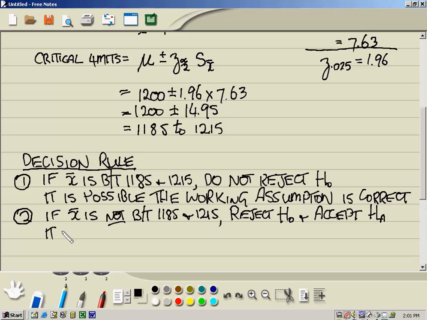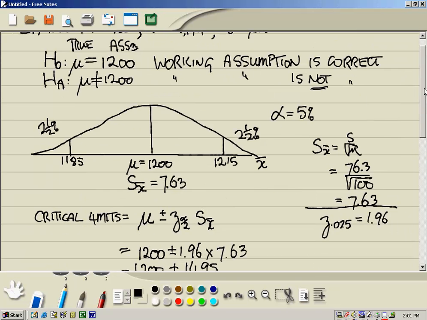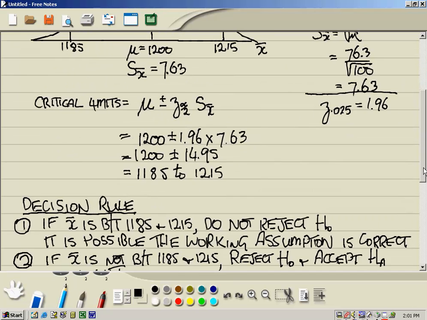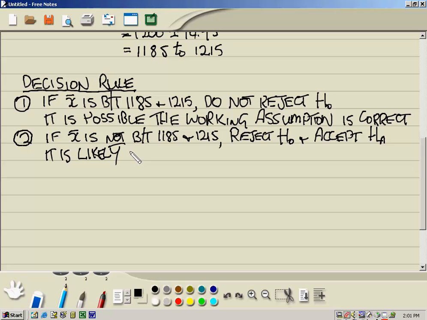And for the interpretation, it is likely the alternate is correct, or in this case, scroll up again, it is likely the working assumption is not correct.